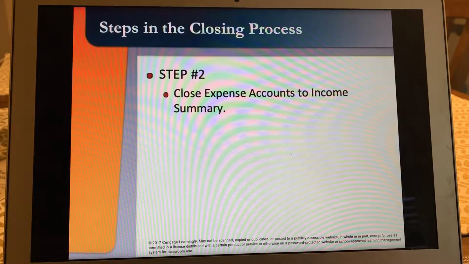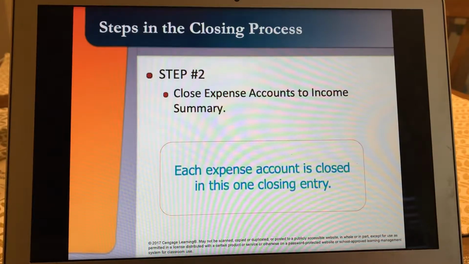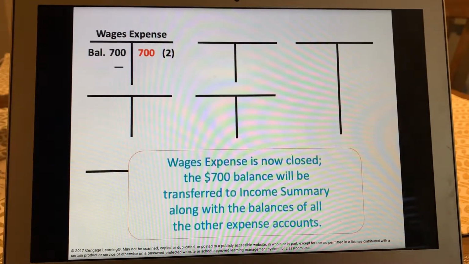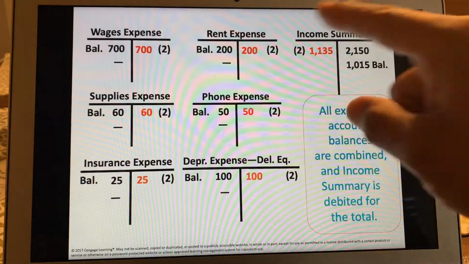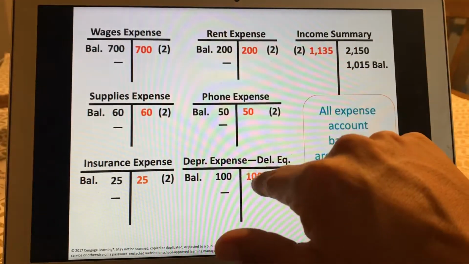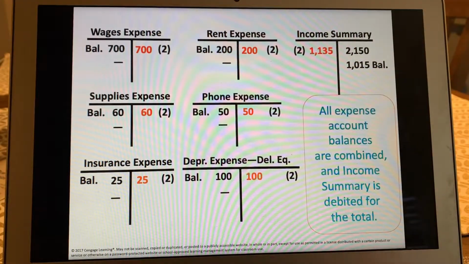Step 2, close expense accounts. So income summary, each expense account is closed. So 700. Every one of our expenses, the entries that we're making currently, are in orange. Maybe you see red, but I see orange.